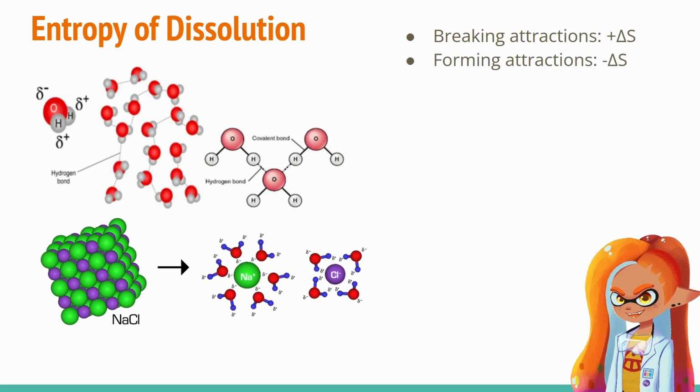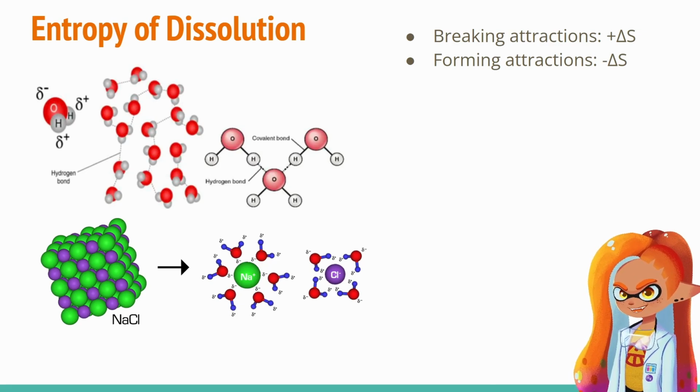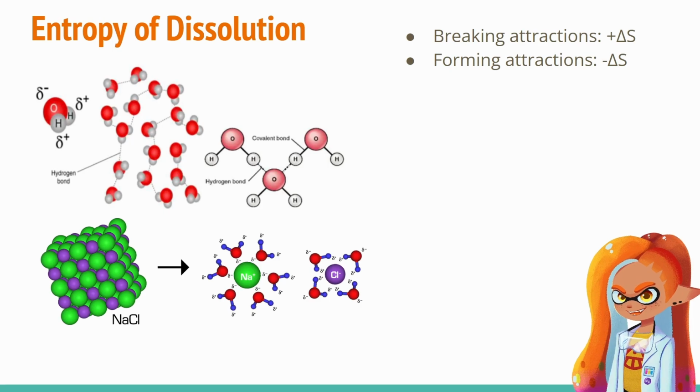When we form attractions, it's going to be negative delta S, because as a reminder, negative delta S is about reorganizing it. We are technically constraining the particles' movement because they're moving in a way where they're attracted together, and so it's going to be more organized, less chaotic.